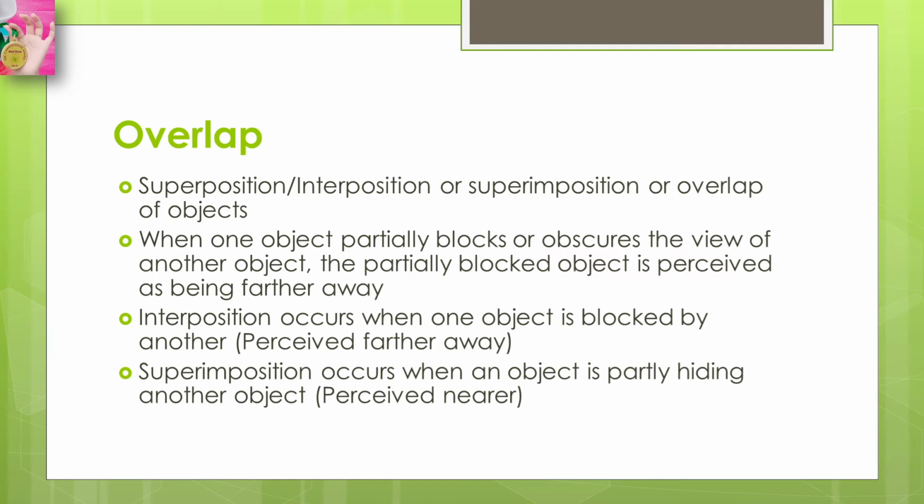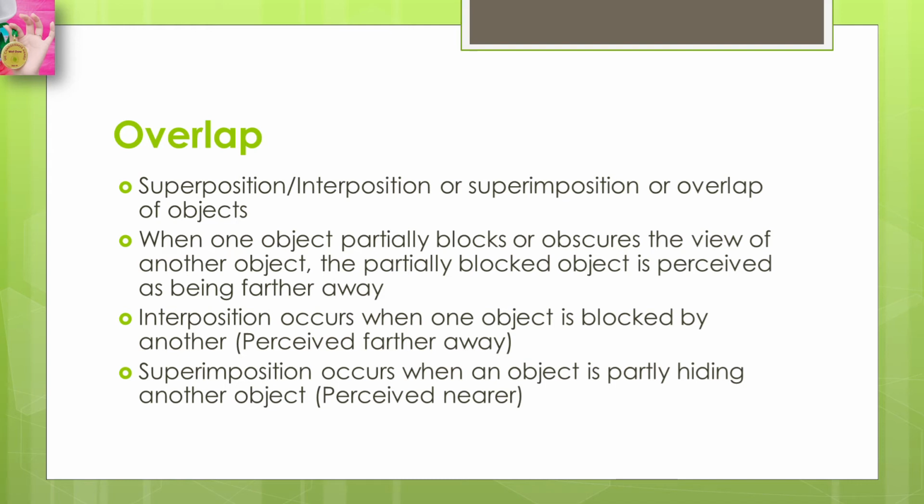Now, according to overlap, when one object partially blocks or obscures the view of another object, the partly blocked object is perceived as being farther away. If one object overlaps another, it is seen as being closer than the one it covers.